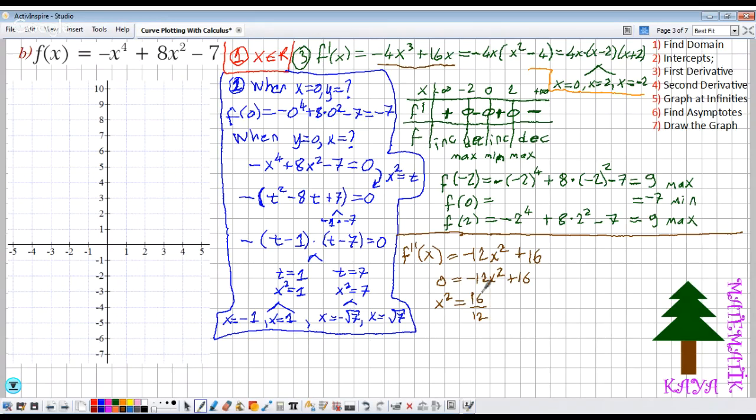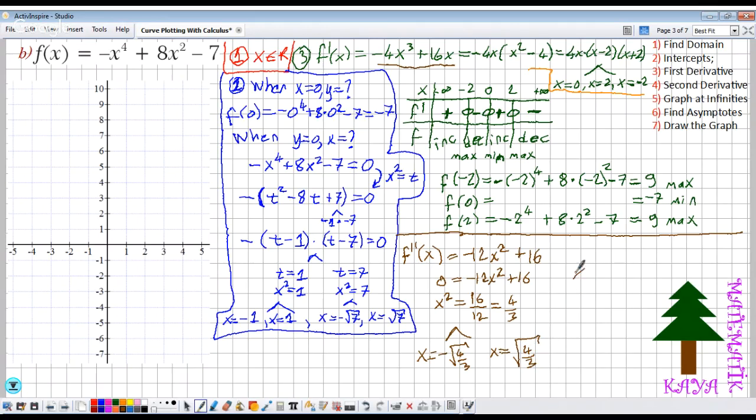When you simplify by 4, it is 4 over 3, so x squared is equal to 4 over 3. For x, we can find two numbers: the negative square root of 4 over 3, or the positive square root of 4 over 3.